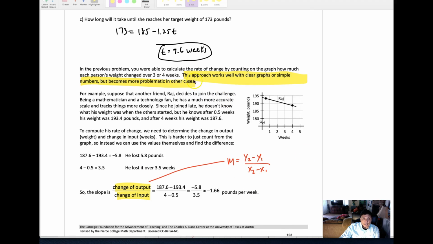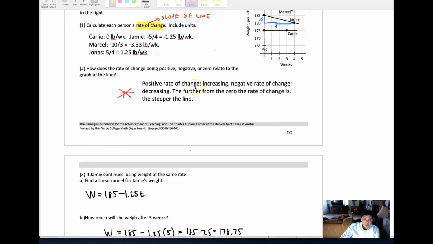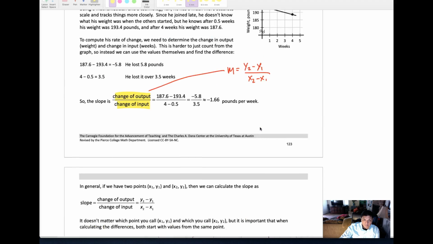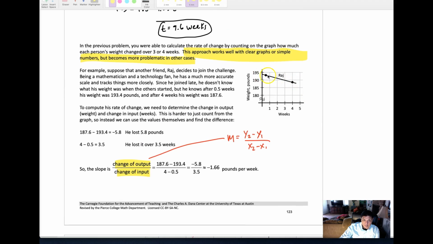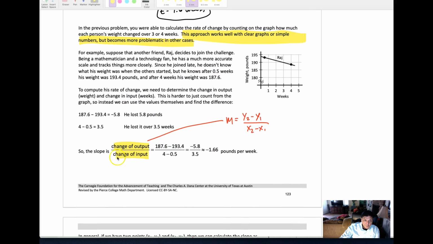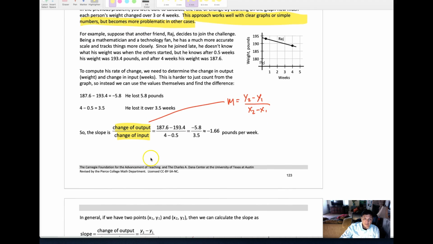We also have another way to look at this. When the graphs are clear, we can read them. What we did works perfectly, right? We can read the numbers and calculate slopes. Now, if the graphs are not as clear, or the points are a little more difficult to read, then we're going to use the formula for slope, y2 minus y1 over x2 minus x1, or the change of the output over the change in the input.